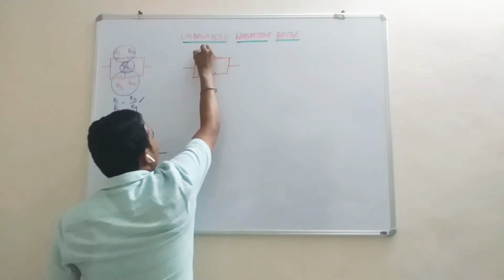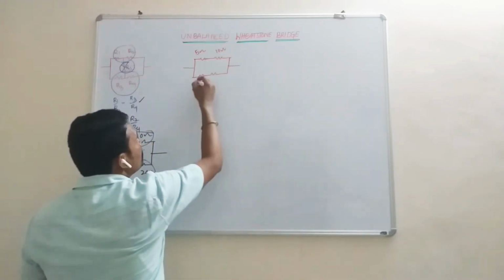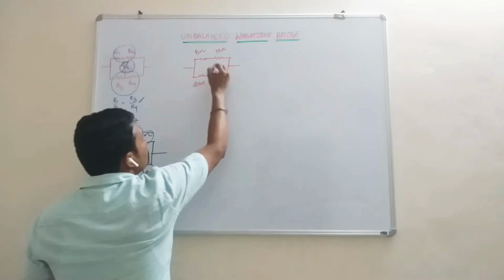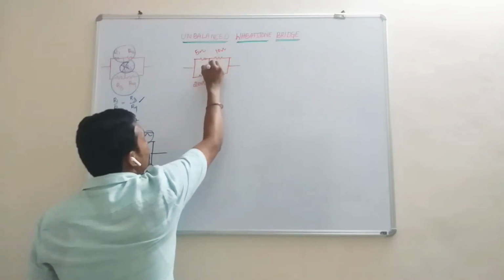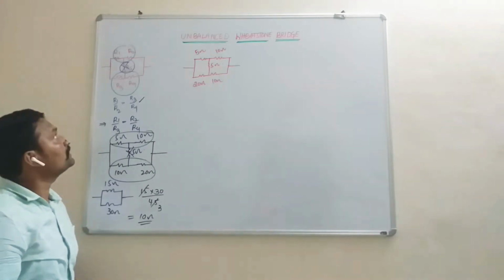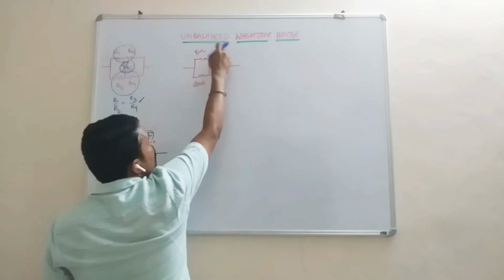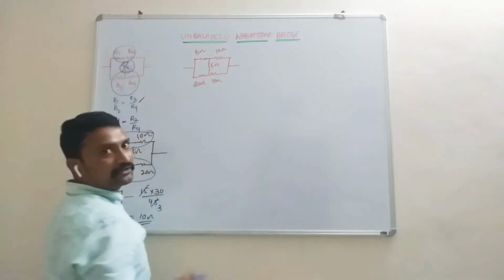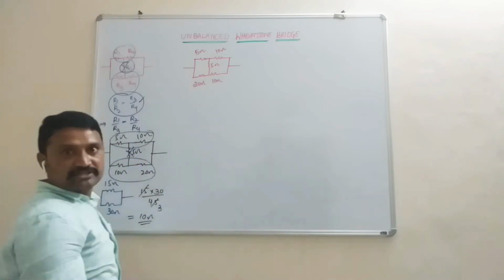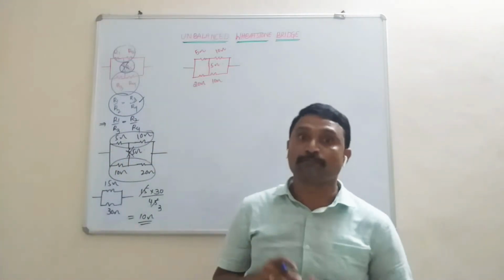Now this is a 5 ohm, this is a 10 ohm, this is a 20 ohm, this is a 10 ohm, and this is connected by 5 ohm. Look here, these two resistors 5:10 is 1:2, and this is 2:1. This is not the case for a balanced Wheatstone bridge. Now how do we solve these unbalanced Wheatstone bridge problems?